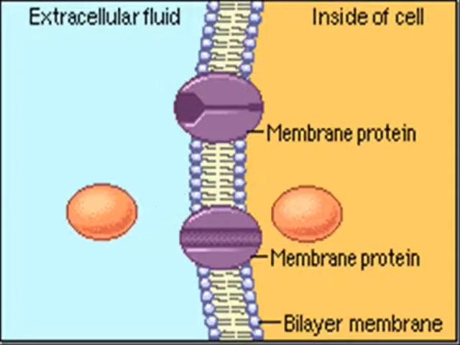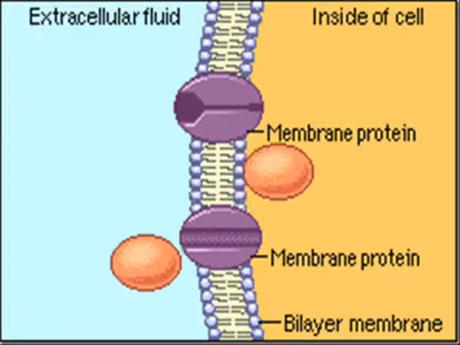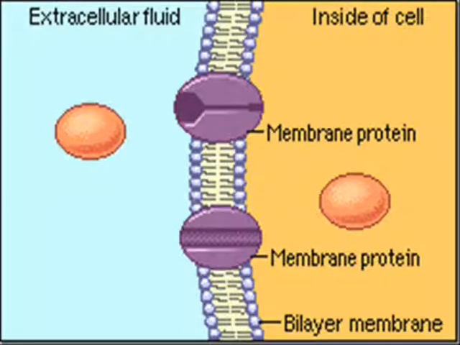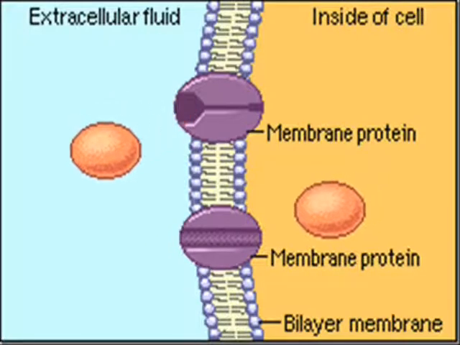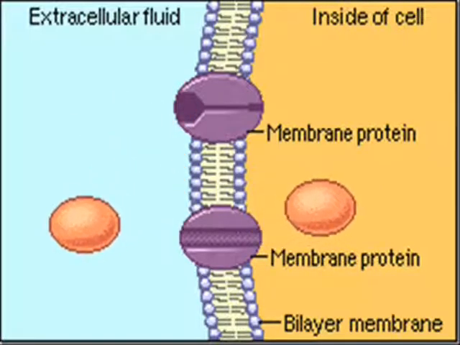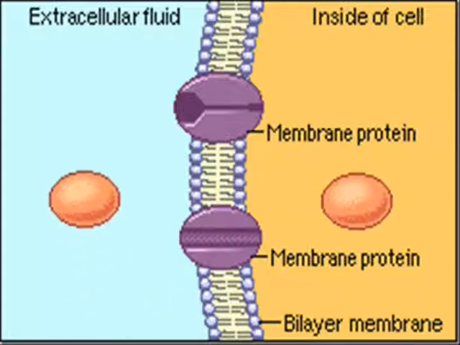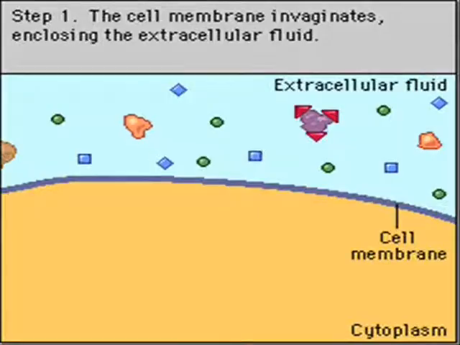Sometimes there are very large molecules that can't make it through. When we have large undigested proteins, large undigested fats, they can't get into the cell properly. So sometimes there have to be additional processes to go beyond just osmosis.